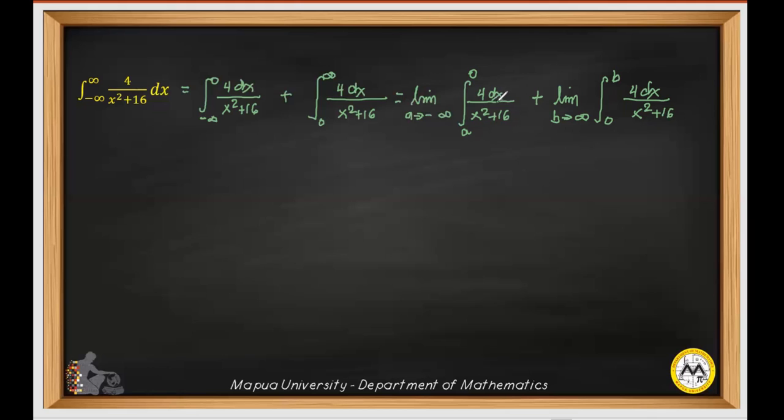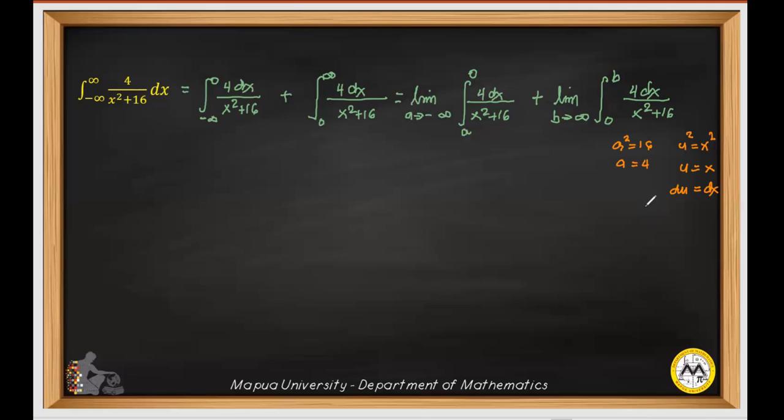We have the form du over u squared plus a squared, in which we consider a squared is equal to 16, so that a is equal to 4 by getting the square root of both sides. We let u squared is equal to x squared, so u is equal to x, and du is equal to the differential of x.